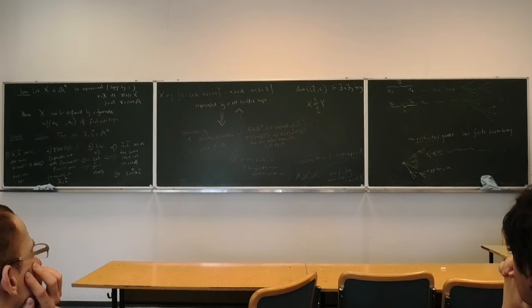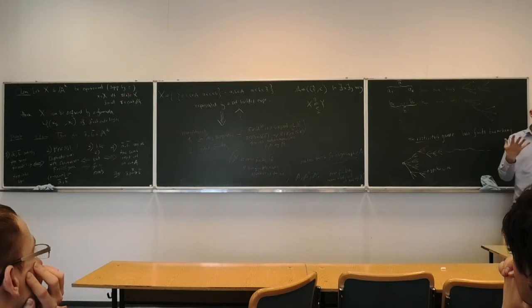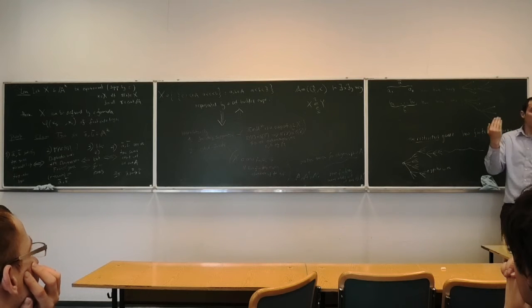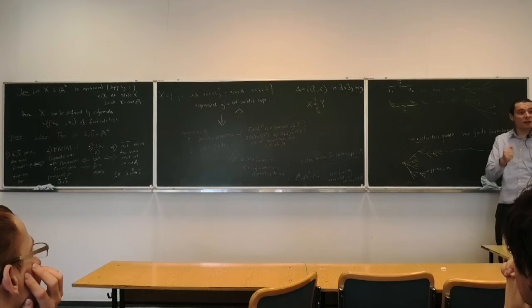Now, consider a game which is finitely branching. Here, what duplicator wants to do is to live forever. But in a finitely branching game, you can live forever if and only if you can live for arbitrarily long.